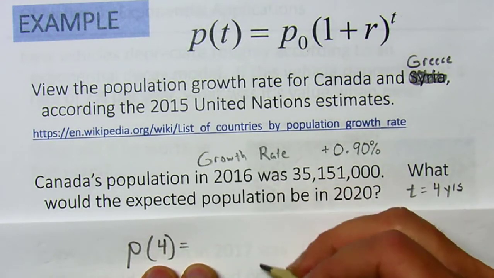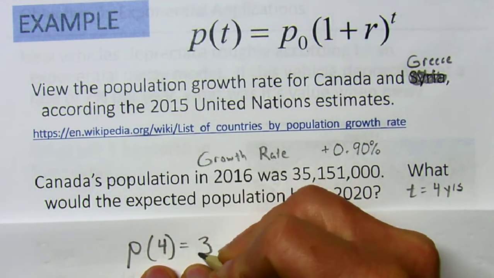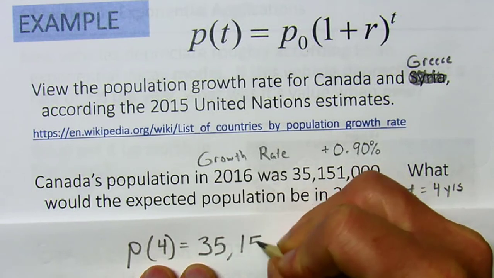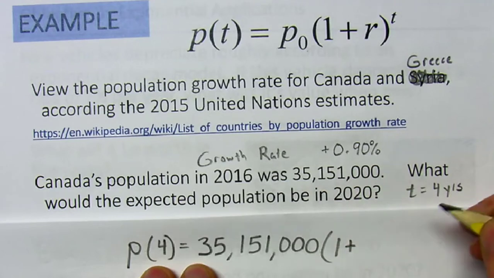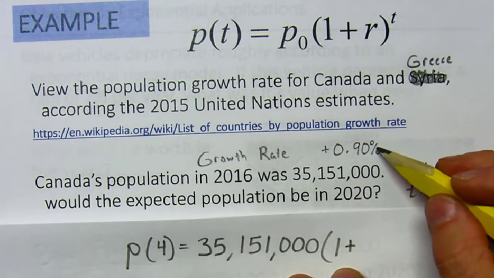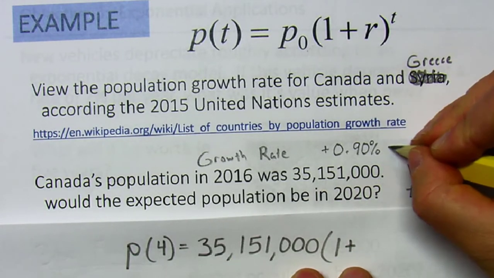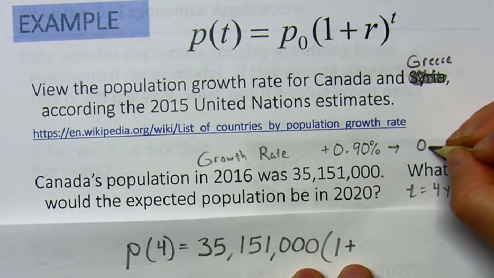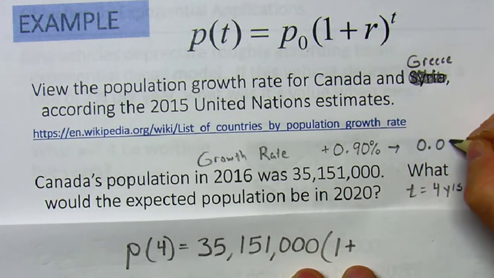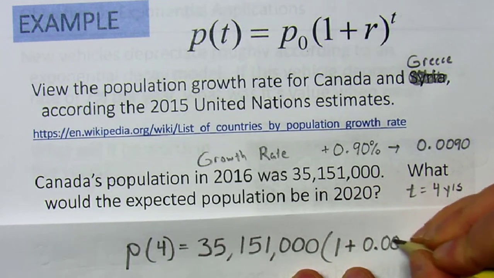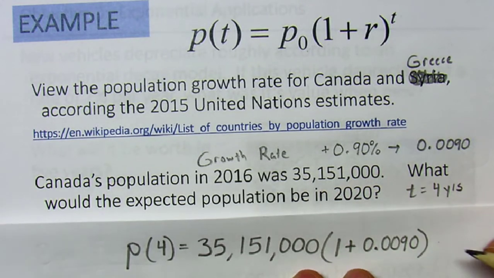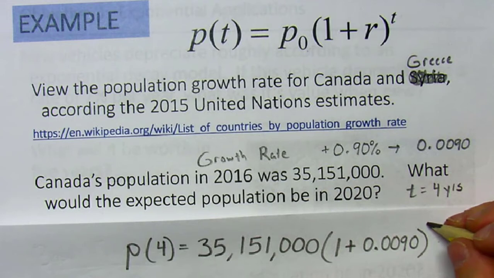So that's going to be kind of like our investment in the last problem, 35,151,000 times 1 plus our growth rate. Now, we can't use 0.90, that's 0.90%. We have to turn that into a decimal, 2 places to the left. That's 0.0090 when we turn it into a decimal. And then we're going to raise that to our t value, which in this case was 4.